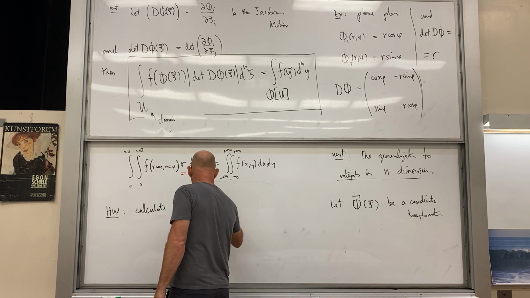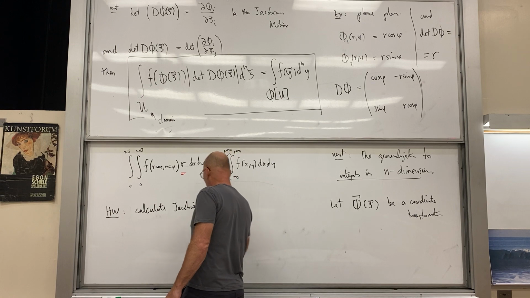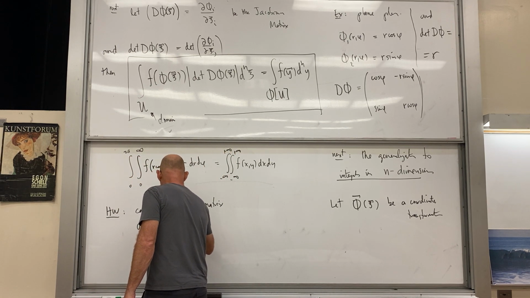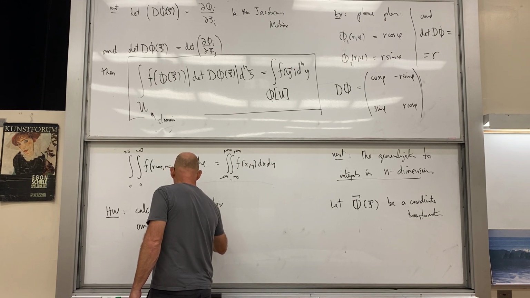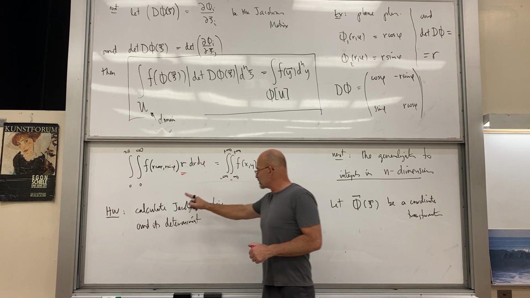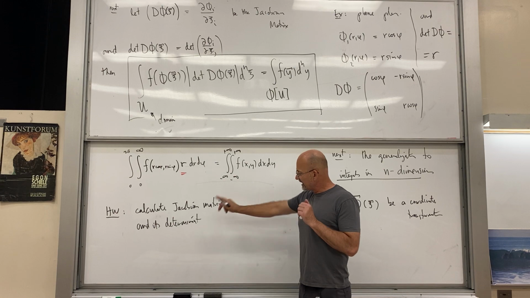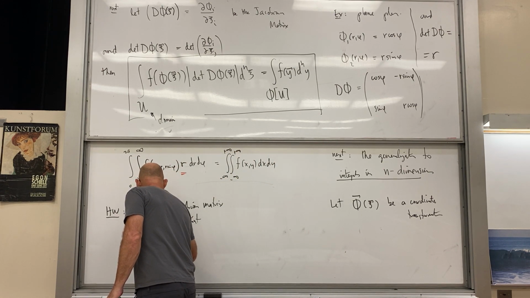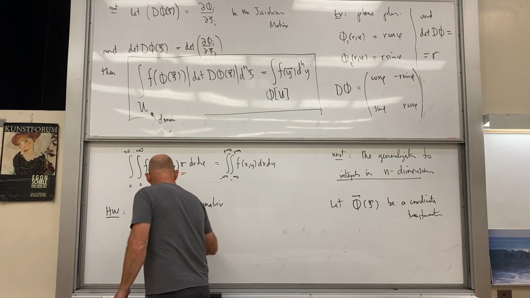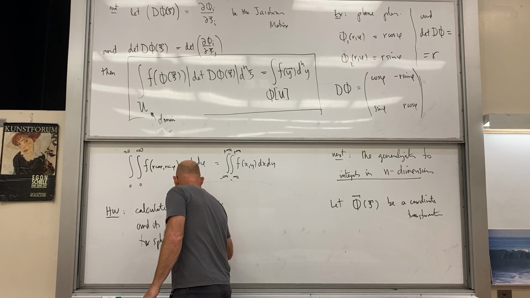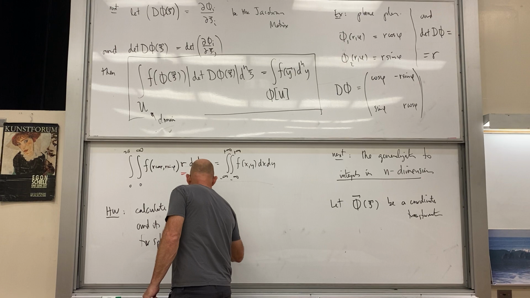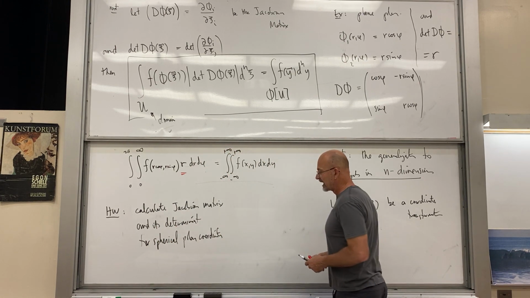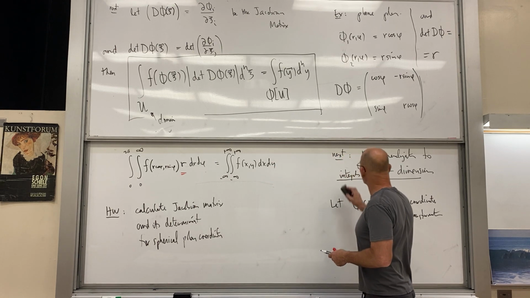Jacobian matrix and its determinant. So good. Calculate the Jacobian matrix and its determinant for spherical polar coordinates. I'll get started on it. Okay. So it's the same as what we had with the plane polars. We're going to do a little more work.